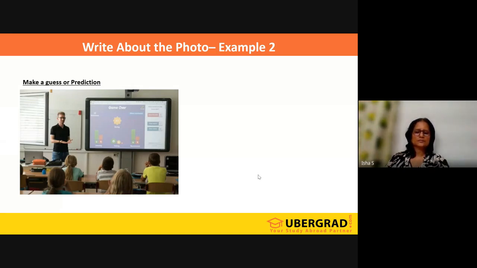Yes. The students are playing some sort of game. Oh, like a guest teacher, guest lecturer, for extracurricular activities for the primary students. Good observation, primary students.